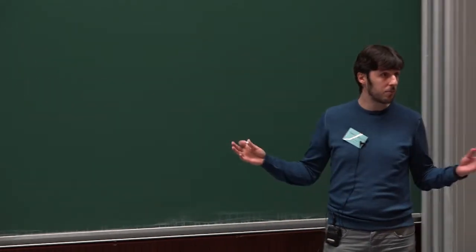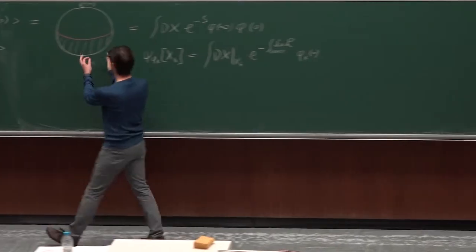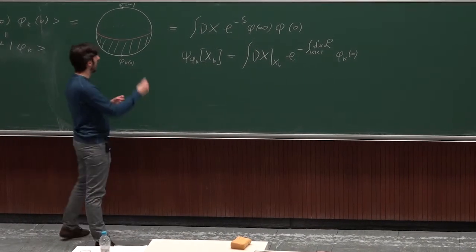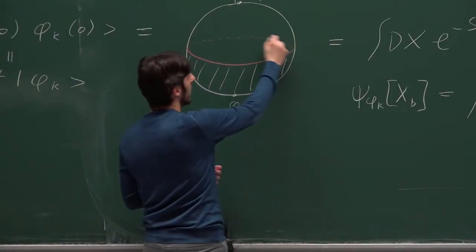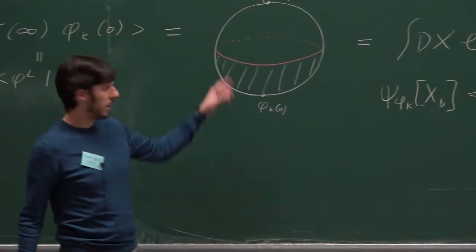So this path integration over half of the sphere is defining for us a wave function on this particular equatorial circle.